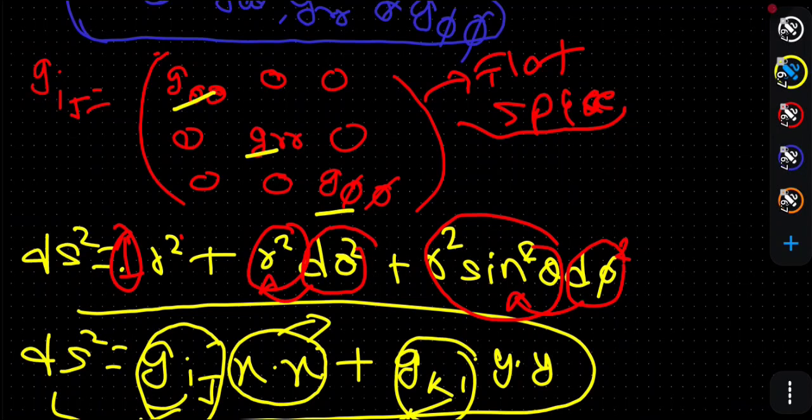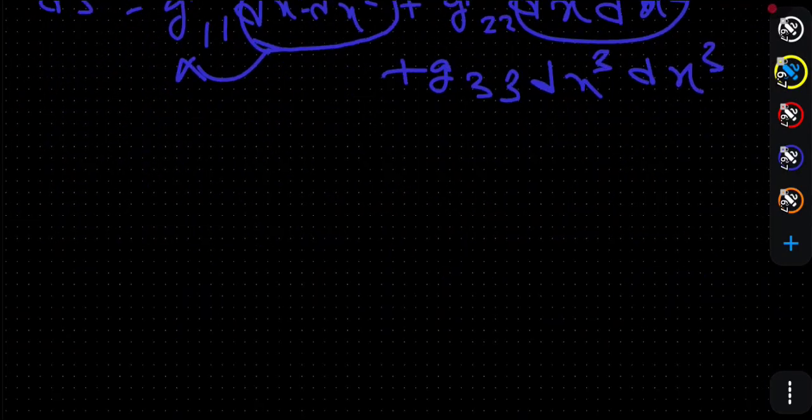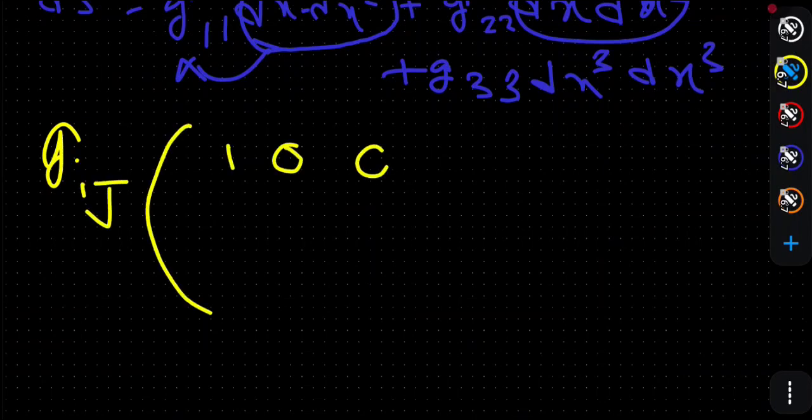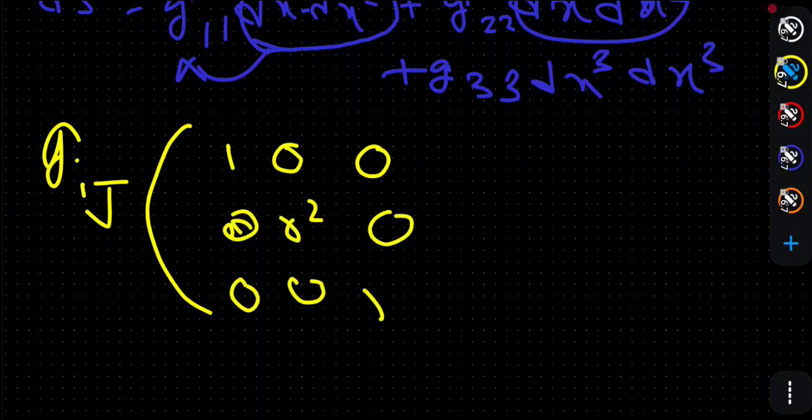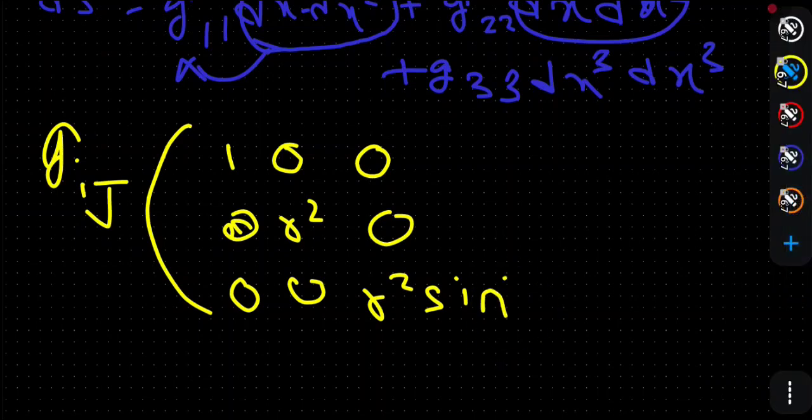So g_ij is equal to the matrix with diagonal entries 1, r square, and r square sine square theta.